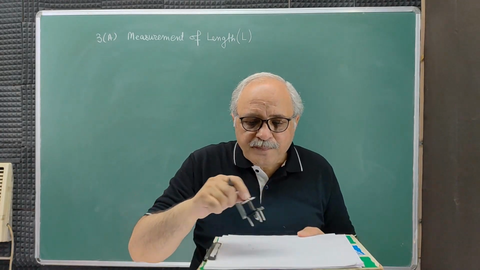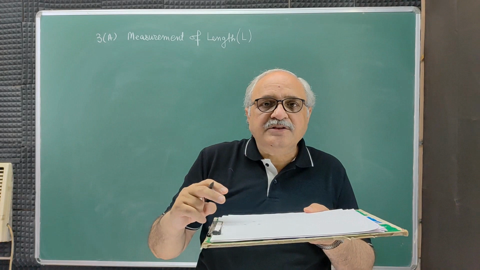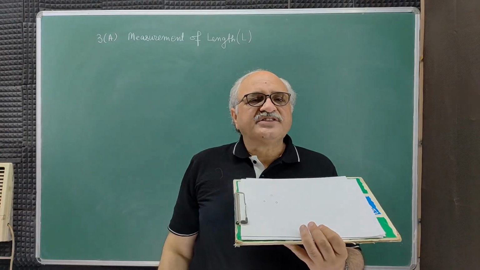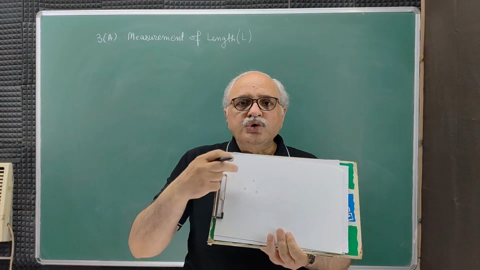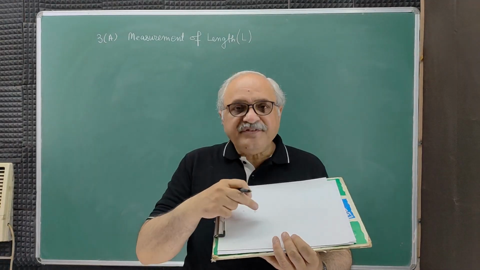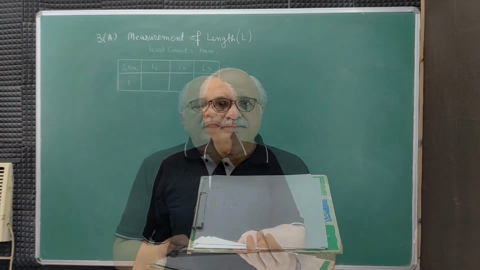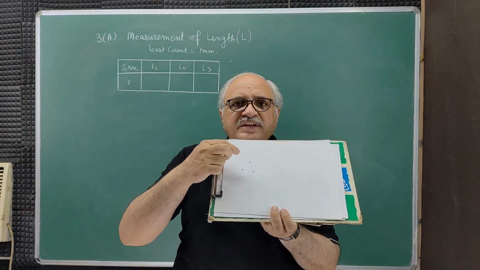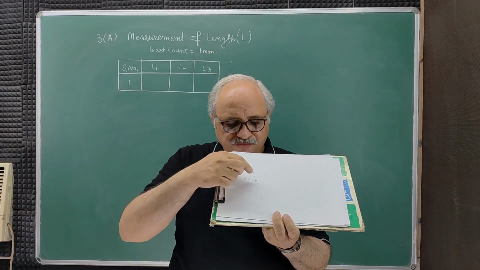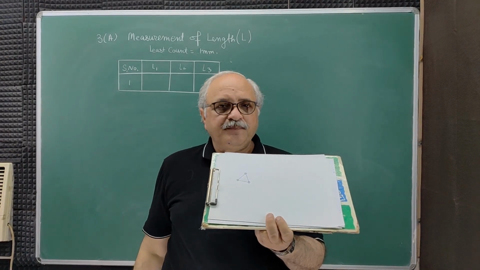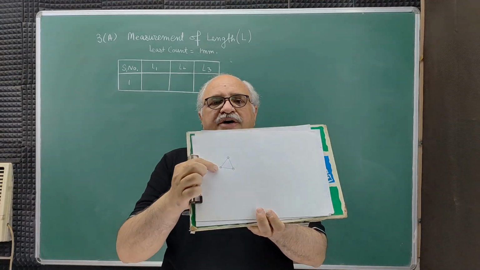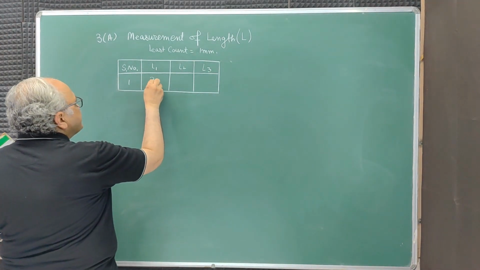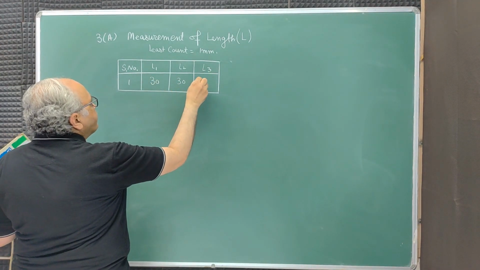Once you get it, you will just mark the circle on top of it and join these circles with the help of the scale. And then you note down the length, that means the average length between the 3 points. After putting the impression on the piece of paper, you draw the circle around them and try to find out the lengths L1, L2 and L3. I did this impression here, and luckily all these observations are 30 mm.